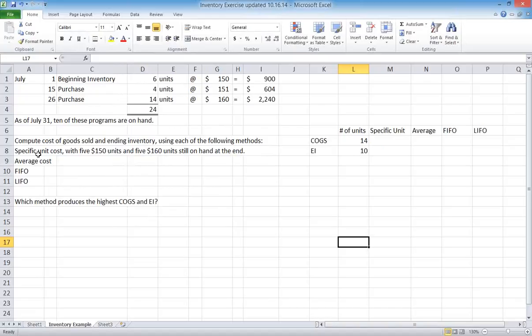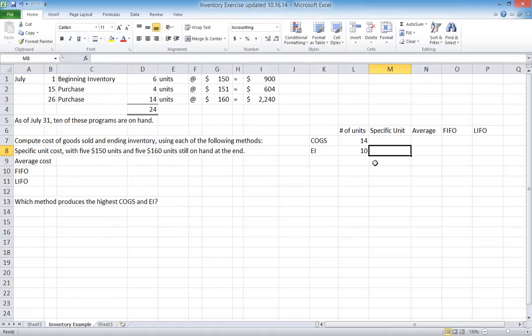Then under the specific identification method, it told me that I had 5 at the $150 cost and 5 at $160. So if I need my cost of goods sold, well, first I can compute my ending inventory because it's 5 times 150 plus 5 times 160.